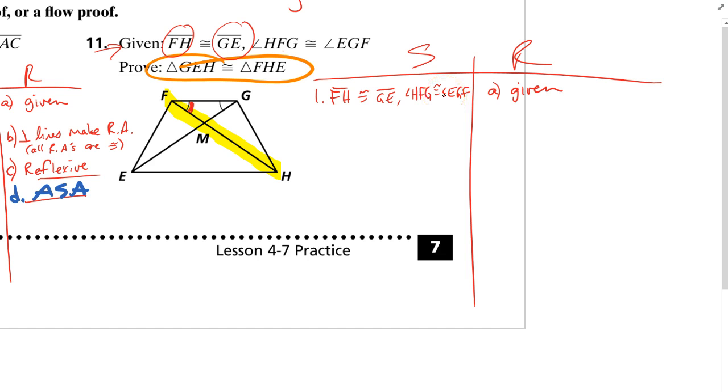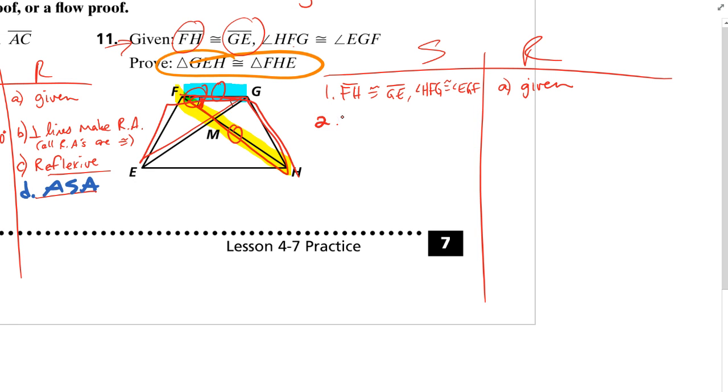So really, all it takes is one more side, and I've got side, angle, side for this mid-sized triangle. So can we say anything about FG congruent to, say, FG? Yeah. Here we go. FG is congruent to FG.